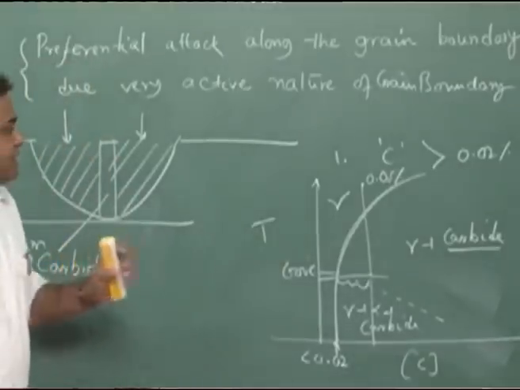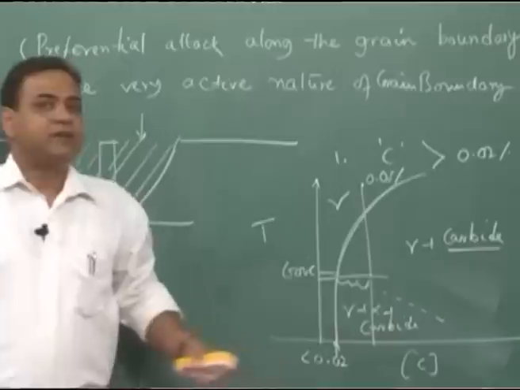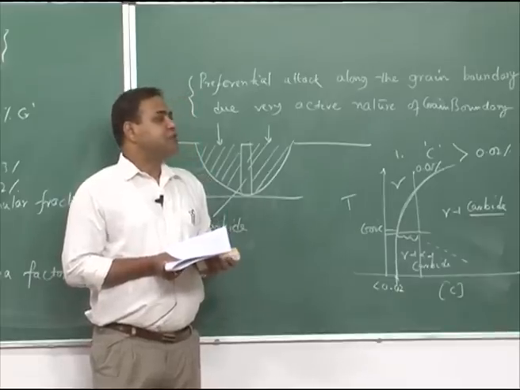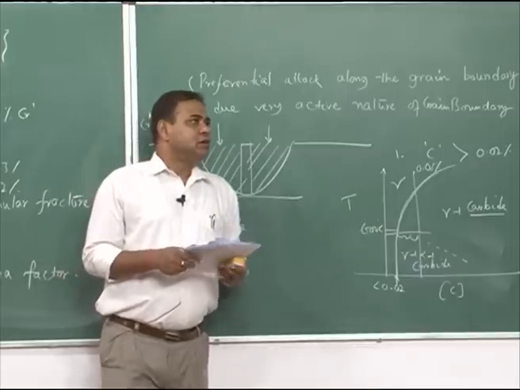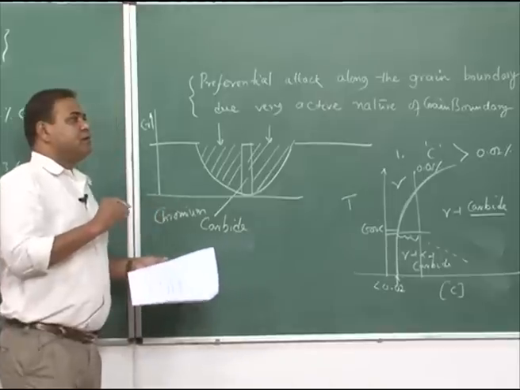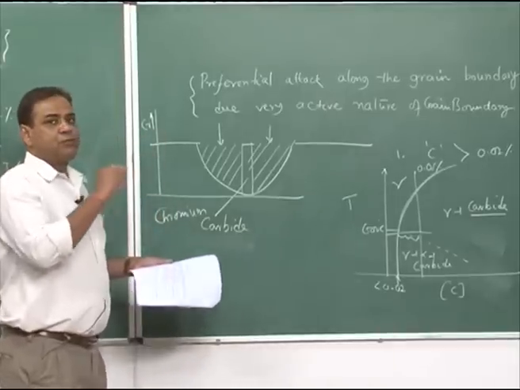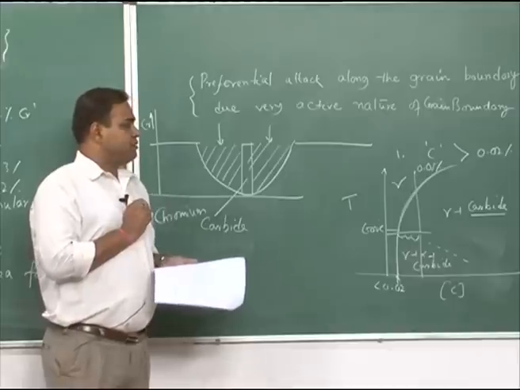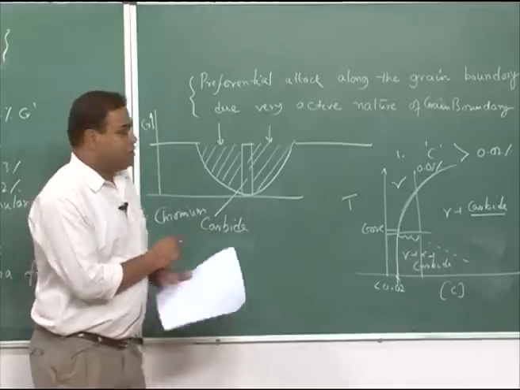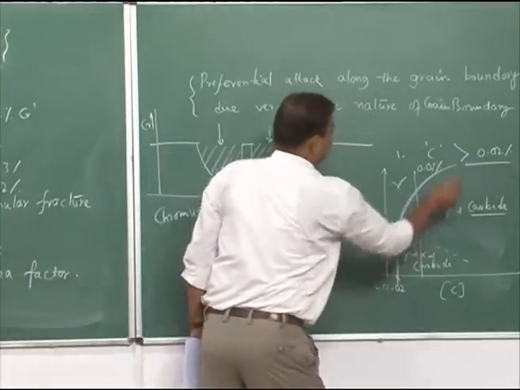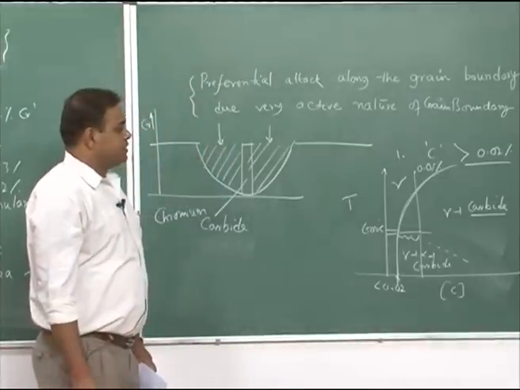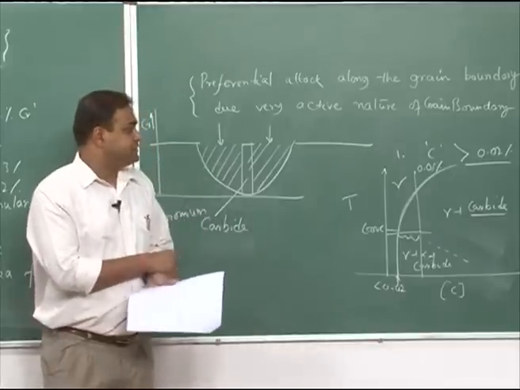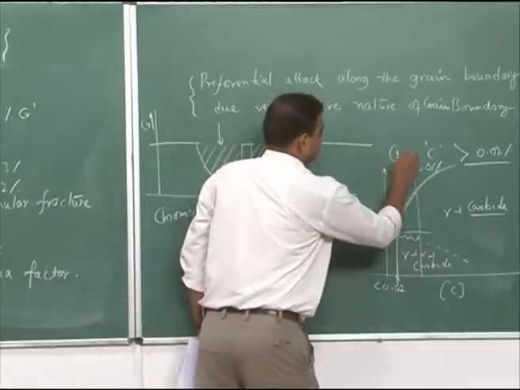Chromium carbide formation is a nucleation and growth phenomenon, so it will form along the grain boundary, because the grain boundary provides heterogeneous nucleation sites. So, if the carbon content is more than 0.02%, the carbide formation tendency increases. This is condition number 1, the carbon content.